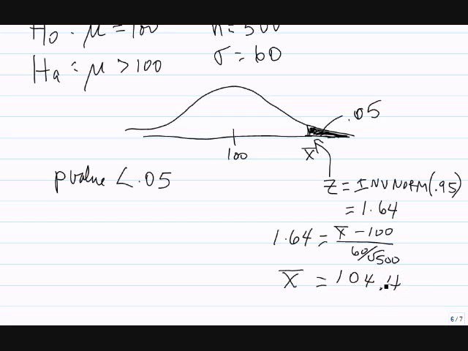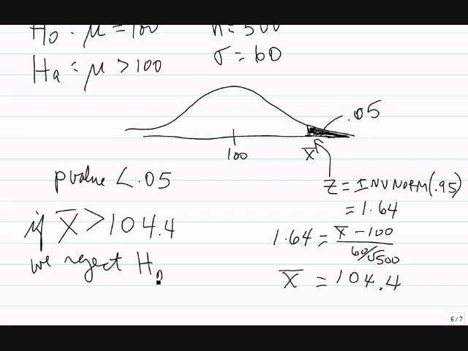So if I get a sample mean greater than 104.4, I'm going to reject the null hypothesis. So if I get 104.4 or 105 or 106, 107, anywhere out on that tail, we reject the null hypothesis.